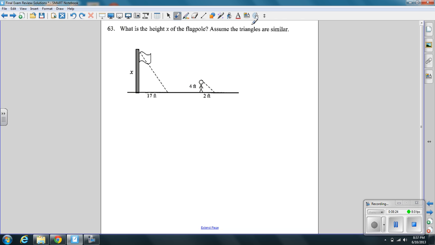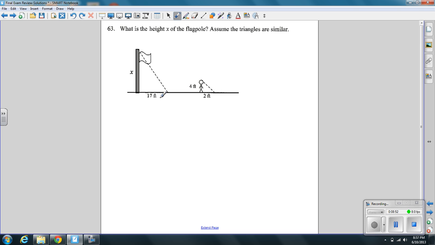What is the height x of the flagpole? Assume the triangles are similar. So we can write x over 17 equals 4 over 2, or you can do x over 4 equals 17 to 2. So when I look at this, I see that the height is double the width. So I know that this answer, x, is going to be double the 17.